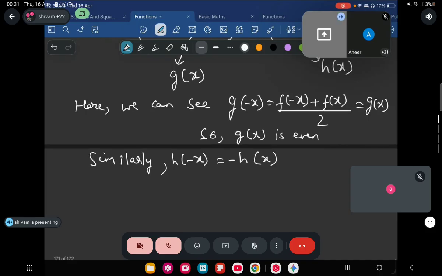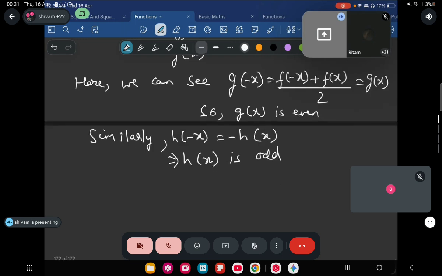This implies h is odd. Is it clear, everyone? So till now, anyone having any doubt? Abhigyan, Oibsha, Adrija, Pratyay, Ritam, Samragni, Shanaya, Shubhangi, Shreyasi, Shubhankit. No, sir.